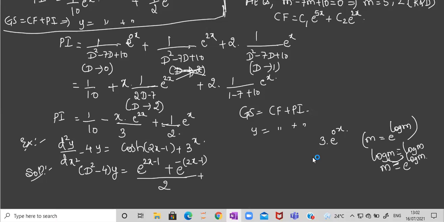Whenever you have in a differential equation any constant with x attached to it, like a power, use this concept. So 3 is written as what? M is written as e raised to log m. So 3 is written as e raised to log 3, and x stays as it is in the power.